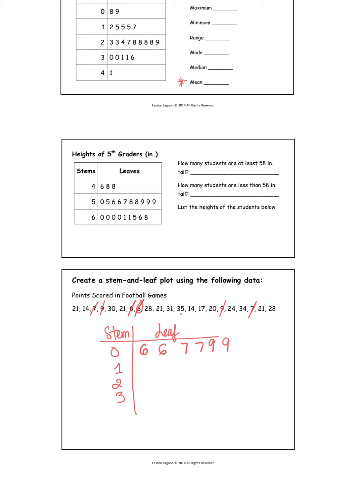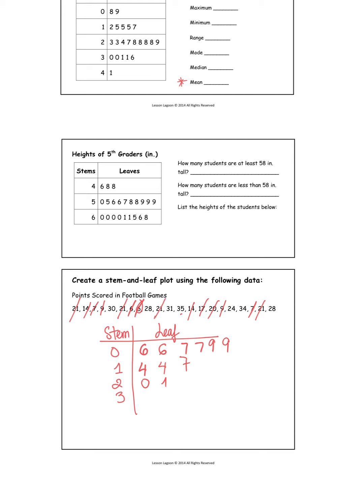I see the smallest number is 14. So we write out the 4. Another 14. 17. And then we have 20, which is the 0. 21, we have 121, 221, 321, 421.